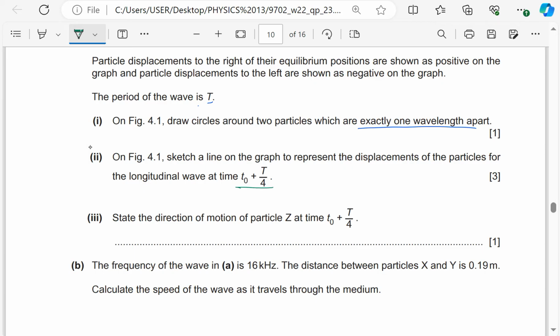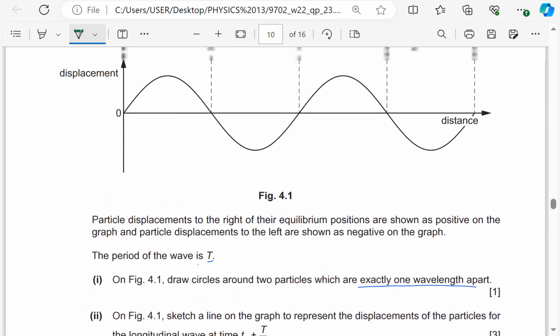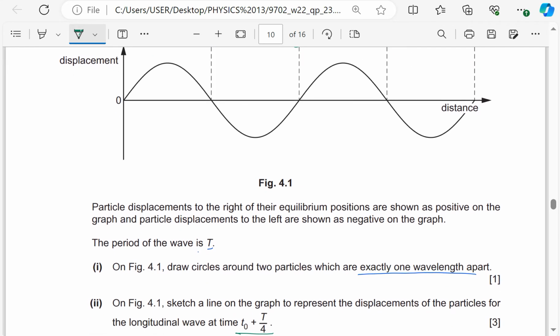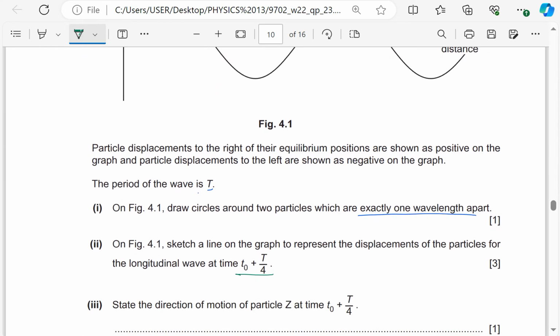Of course, if at t naught we have maximum displacement, particles are at their maximum displacement in that direction, then of course, again, at a quarter of a cycle, the particles are going to vibrate towards the right to form the next compression.